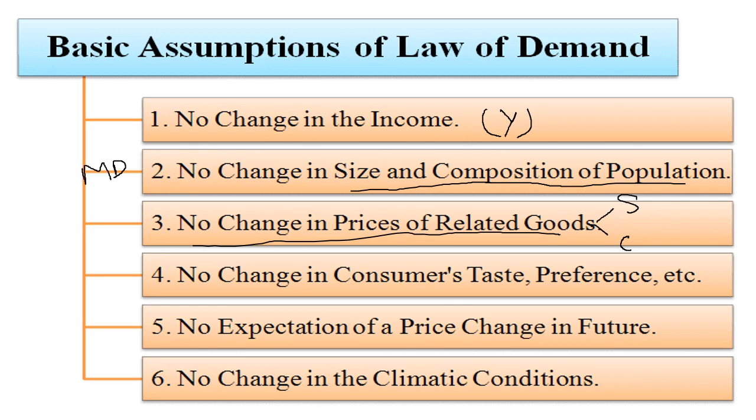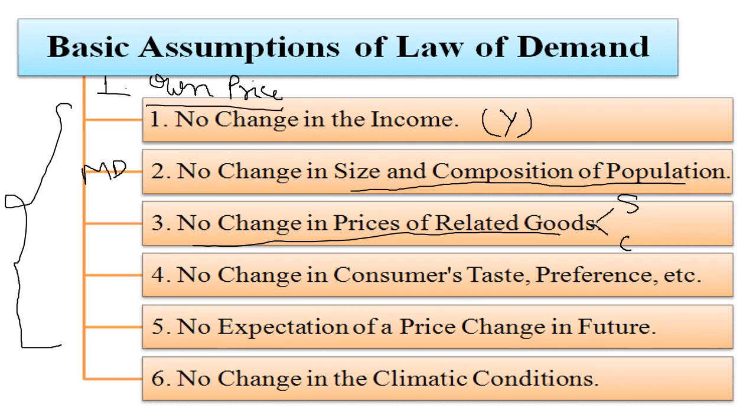That means which factor is missing here? Own price of the commodity. The very first factor which we did in determinants of demand function, that was own price of the commodity. That means that this own price is not constant. That implies we have formulated this law of demand with the help of own price of the commodity.